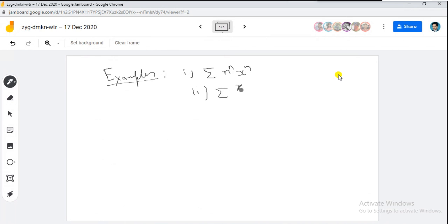For this: x^n upon n factorial. And simply for x^n, you people know this anyway. Fourth: (-1)^n x^n upon n.